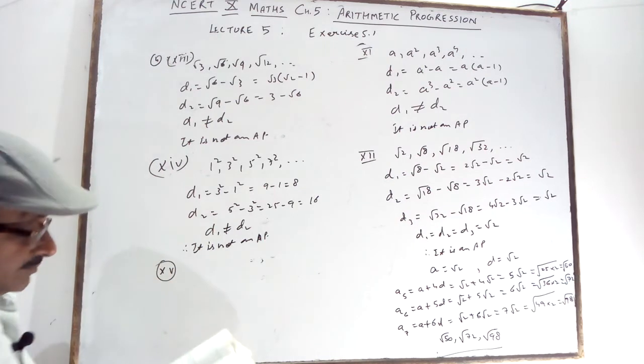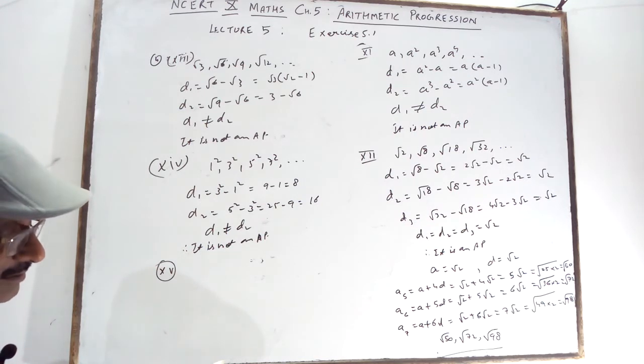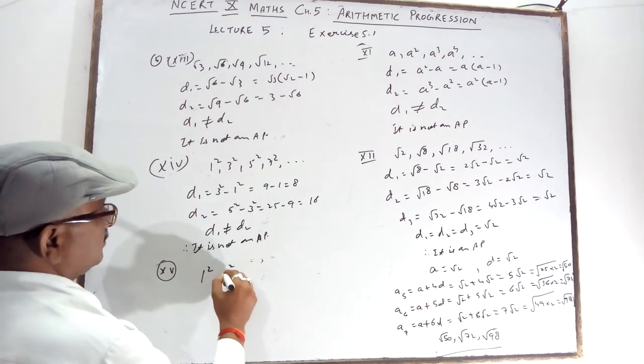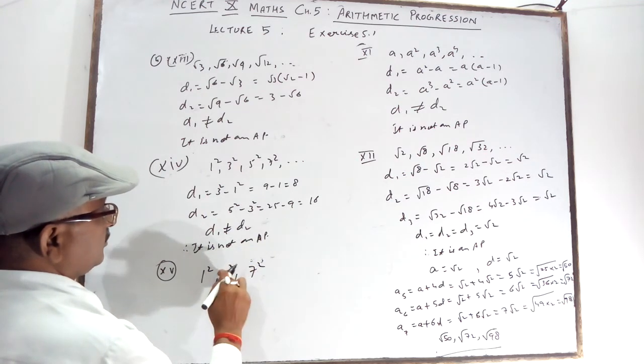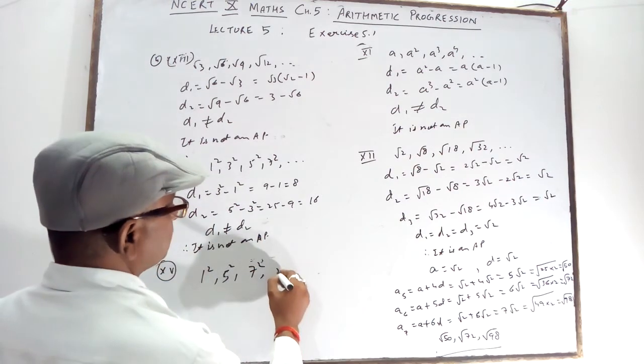The 15th is the last part of this exercise. It is given 1 square, 5 square, 7 square and 73.